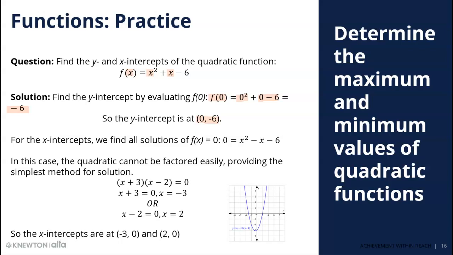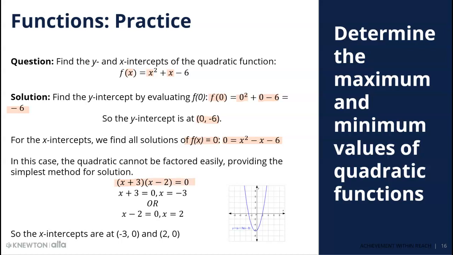For the x-intercept, we are going to set f of x equal to 0. And by setting f of x equal to 0, we have this equation here. To solve that equation, we're just going to factor the quadratic function. So factoring x squared plus x minus 6, we have x plus 3 times x minus 2 equal to 0.